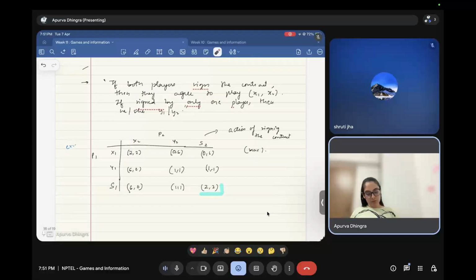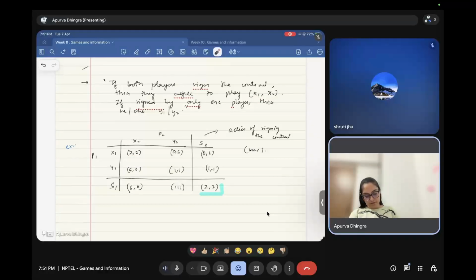So now what we can do is we can just make the static game for this scenario, which is that we add the decision of whether to sign the contract or not. And that we can just do by saying the following. If both of them decide to go for the contract, then the utility is 2 comma 2. This is x1 comma x2, which is this one.